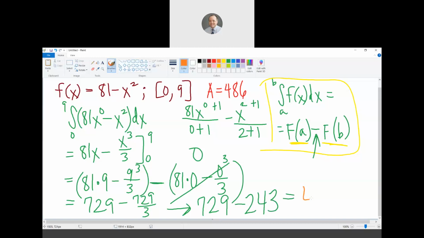Got the same area as before. Unless the directions in my math lab state that you have to use the Riemann sum, I don't mind if you use the fundamental theorem of calculus to find the area under a curve.